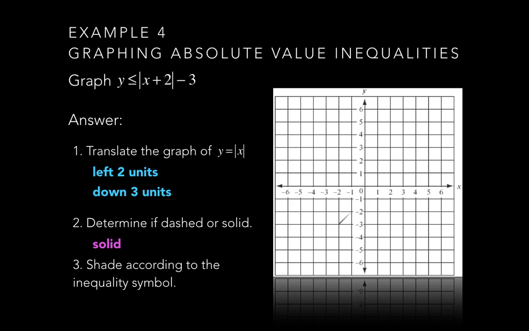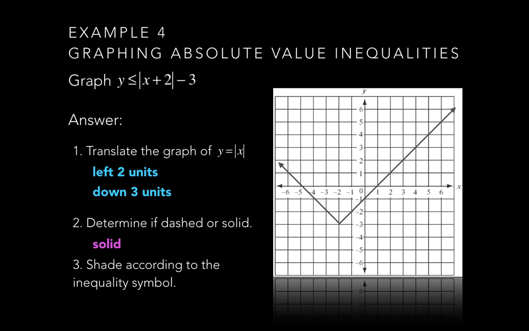So we're going to sketch that out. Solid line. Each of these lines has a nice slope, up 1 over 1, up 1 over 1, creating a nice V shape. It's moved down 3 units and to the left 2 units.